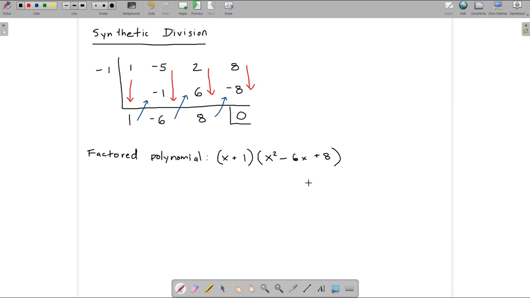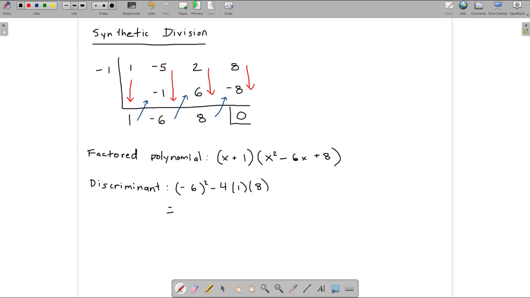And looking at this, I can see that this should factor, but it might not be as clear to everyone, so you can always do your discriminant test to see if it does. Which is b squared minus 4ac, so -6 squared minus 4ac, which is 1 and 8.